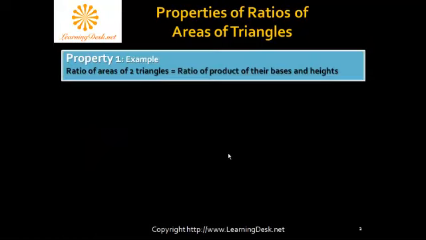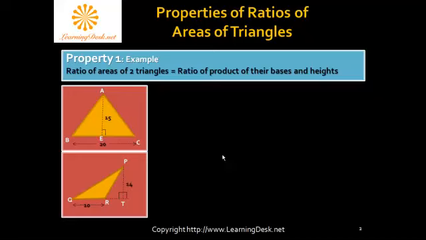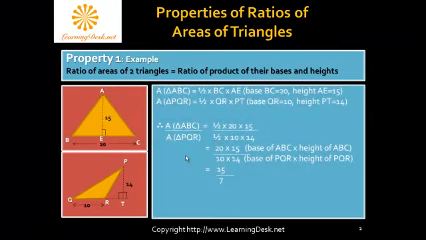Before the second property, we'll just do an example of property one. Here, in this figure, you have two triangles. One is ABC and the other is PQR, and the height and the bases are given. So now we just want to calculate the ratio. It's a pretty simple problem. The height of ABC, which is AE, is 15, and the base is 20.